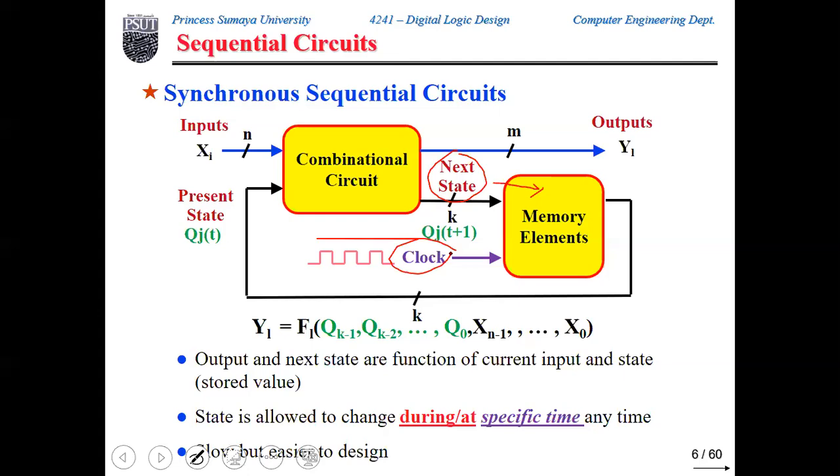Synchronous sequential circuits are basically combinational logic circuits plus memory elements. These memory elements are also controlled by some time signal, which we use to decide when to store a new value. In the asynchronous type, there is no clock, there is no timing. We allow the new value to be stored as soon as the input changes.